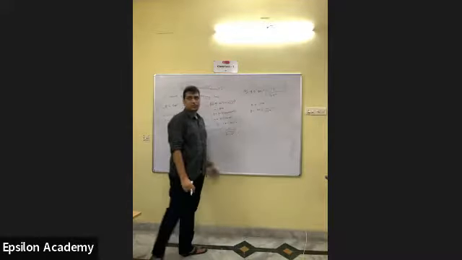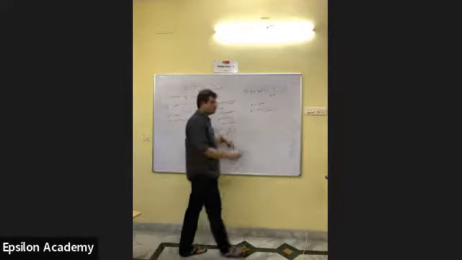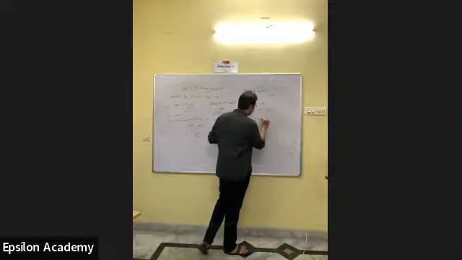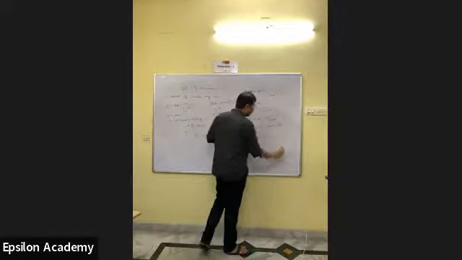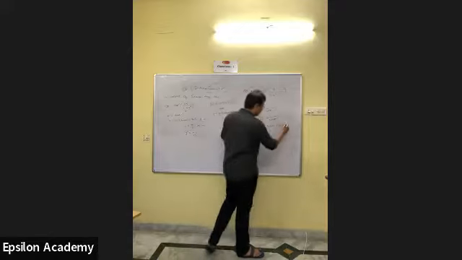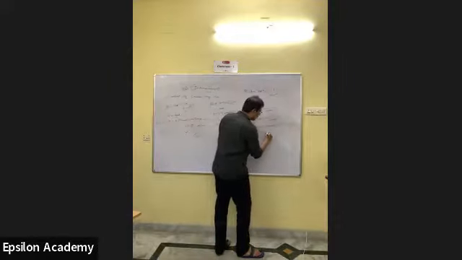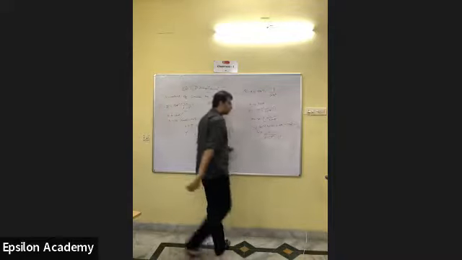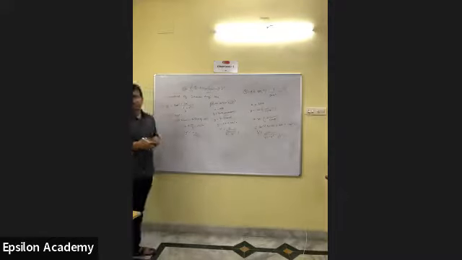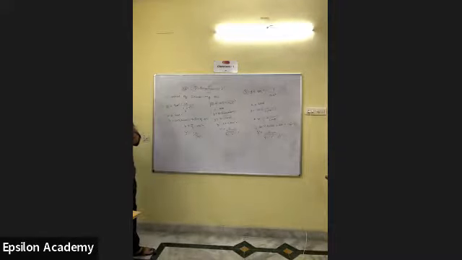So what is this? 1 by cos 2 theta. So the secant inverse of secant 2 theta is 2 theta. But what is theta? Cos inverse x. So 2 cos inverse x, so y dash is minus 2 by root of 1 minus x square. Clear?